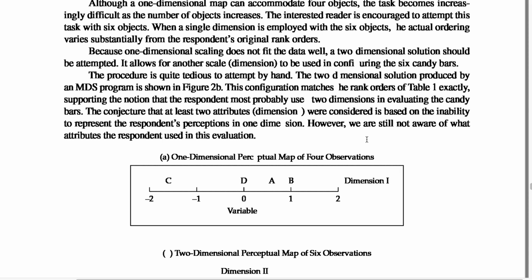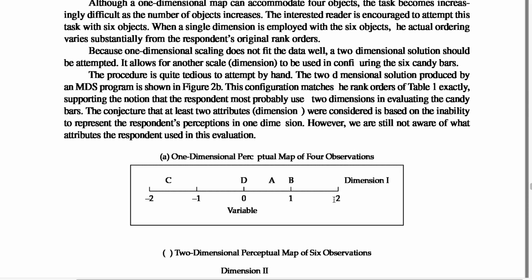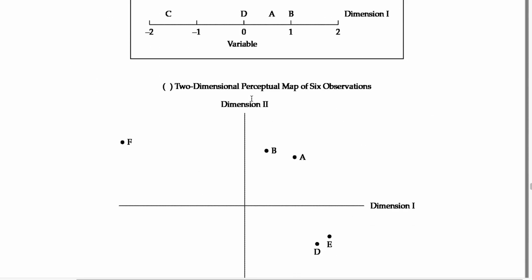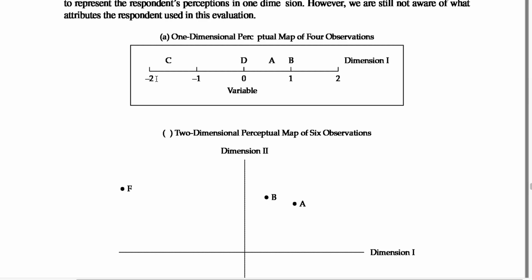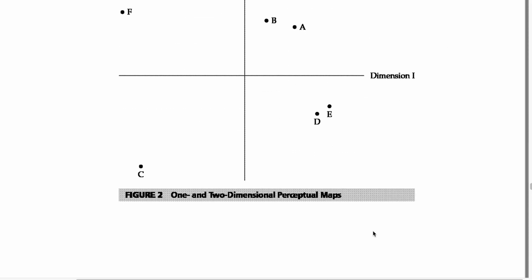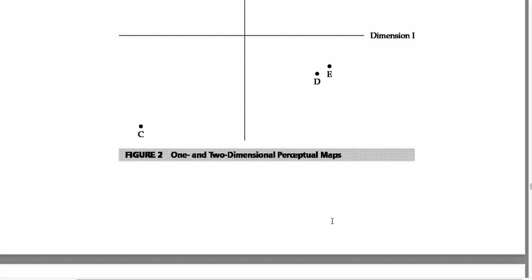However, we are still not aware of what attributes the respondents use in this evaluation. One-dimensional perceptual mapping has one line; the two-dimensional perceptual map has the plus and minus signs on each of the two dimensions.